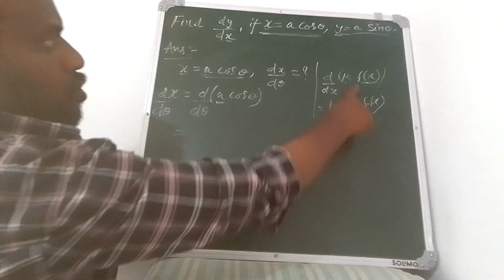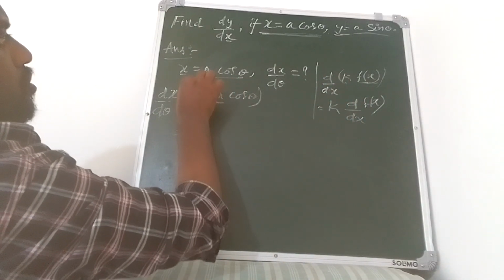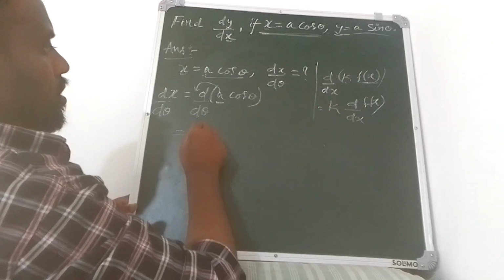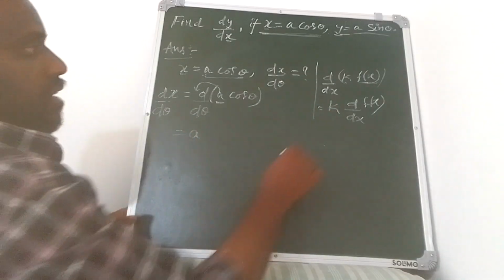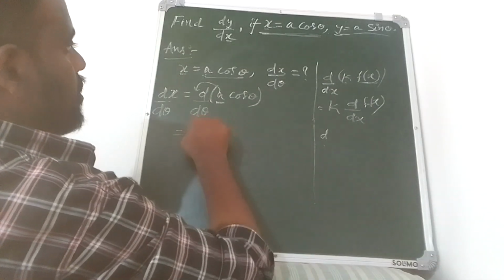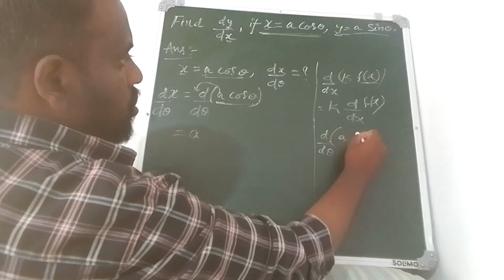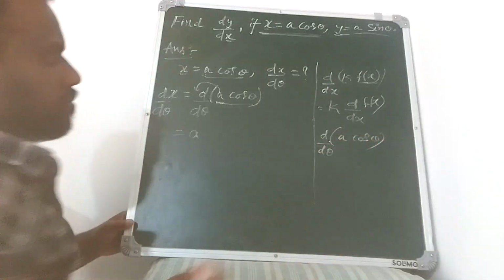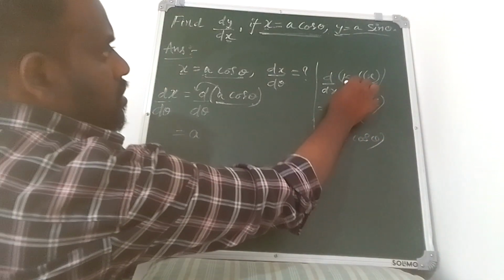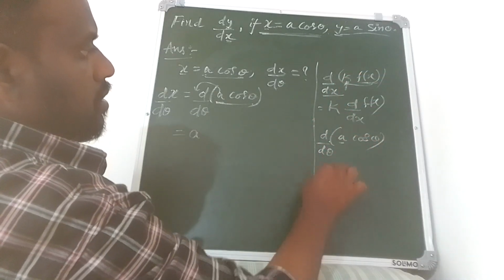Using the same formula, I will take this a outside like k. To avoid confusion I will write here only. So we want d by d theta of this a cos theta. Consider this formula, in place of k we have a.